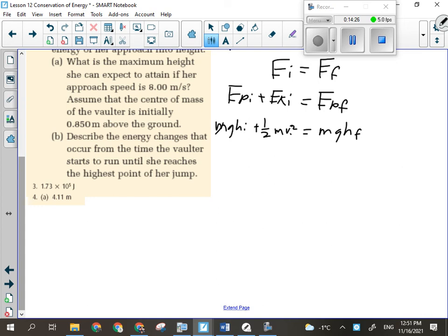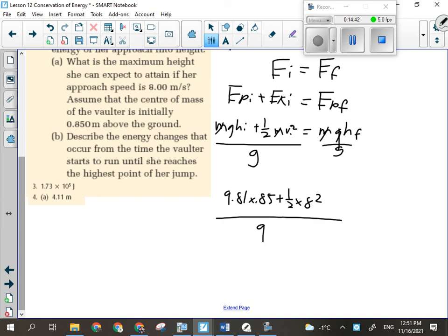So I'm going to get rid of that, so I have one less thing to punch in my calculator, and I'm going to divide both sides by G in order to get my final height. So I'll have 9.81 times 0.85 meters plus 1/2 times 8 squared, divided by 9.81. And that should give me 4.11 meters as my final height, which is an impressive pole vault.